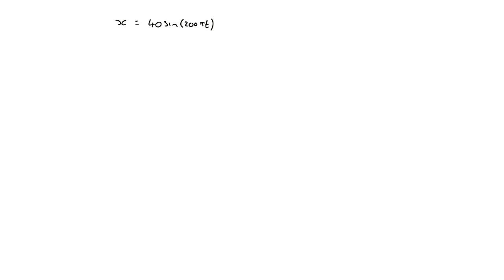The differential of x with respect to time is equal to the velocity. And remember, t is still 4 milliseconds in this example. And the differential of that is k. So this 200 pi is my k, times 40 times cos of 200 pi t.